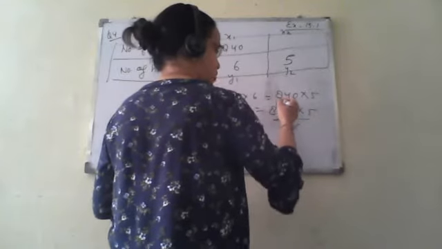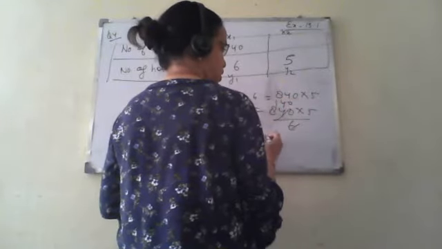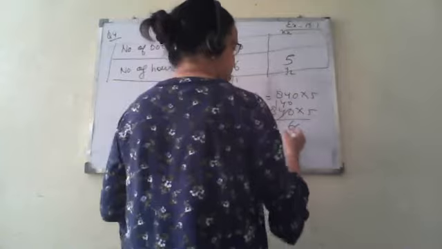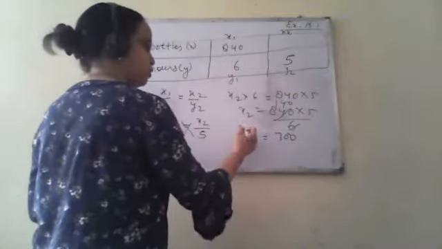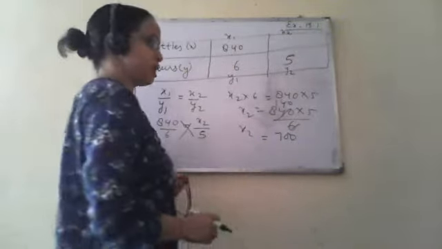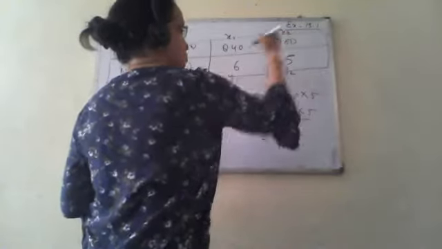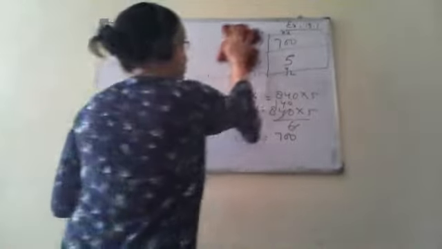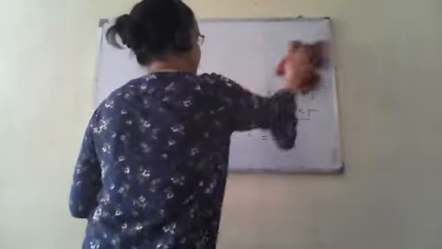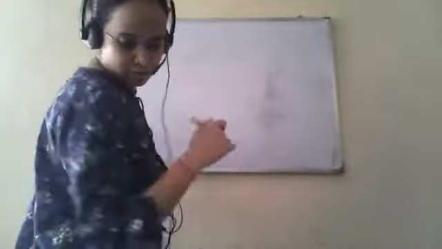This is 140. That means 700. So the value of x2 is 700. That is, in 5 hours, 700 bottles can be filled. Okay. Now next question, that is question number 5.